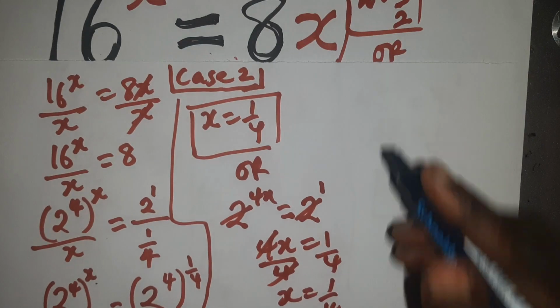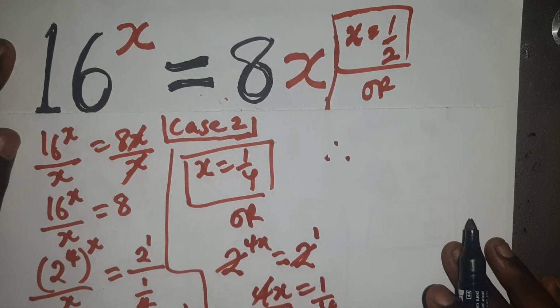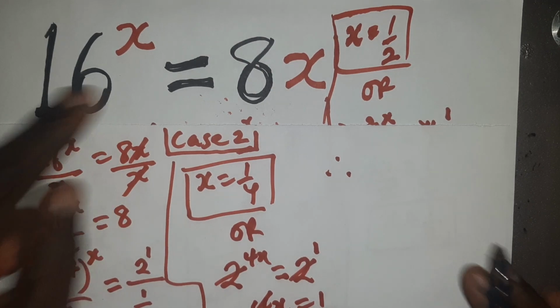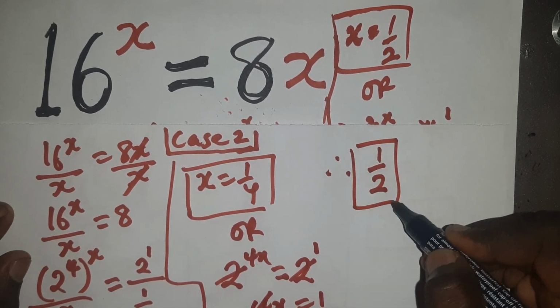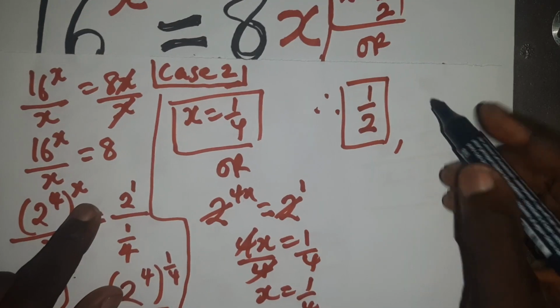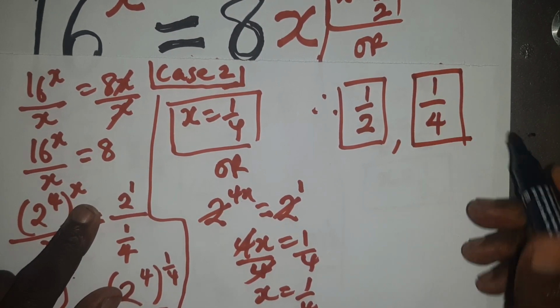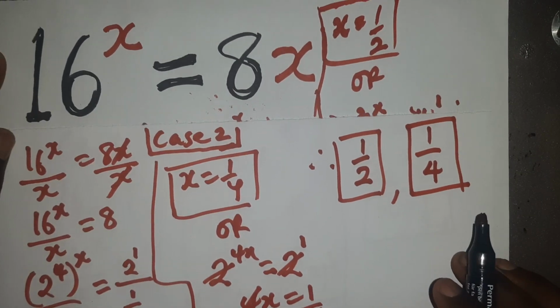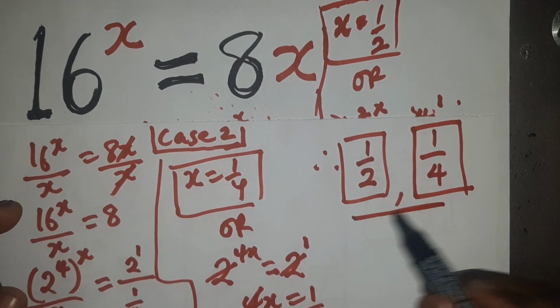So that means, therefore, for this equation, we have two values that will make the equation true. The first one is 1 over 2, and the second one is 1 over 4. So these are the only solutions for this particular equation. So that's it. The only real solutions, rather.